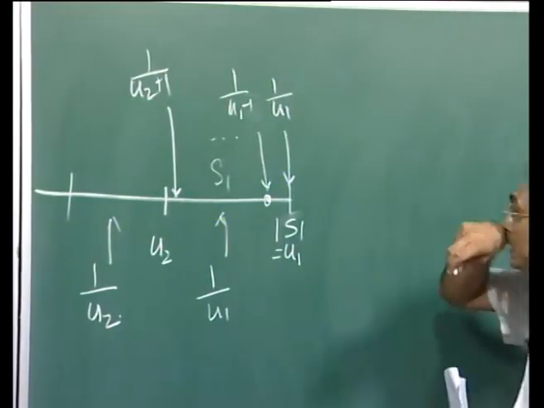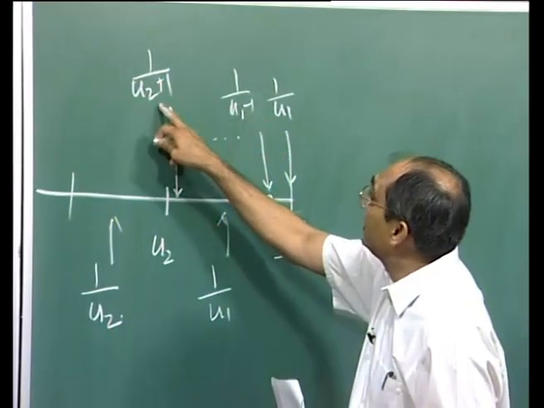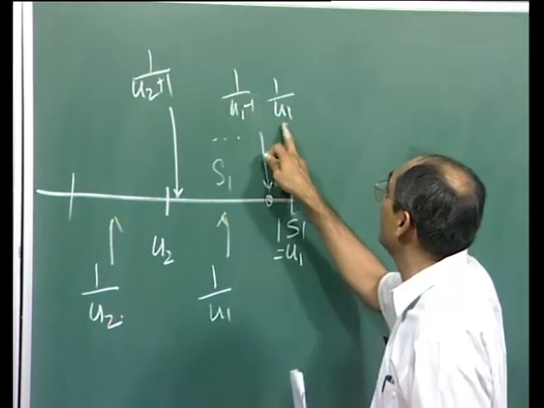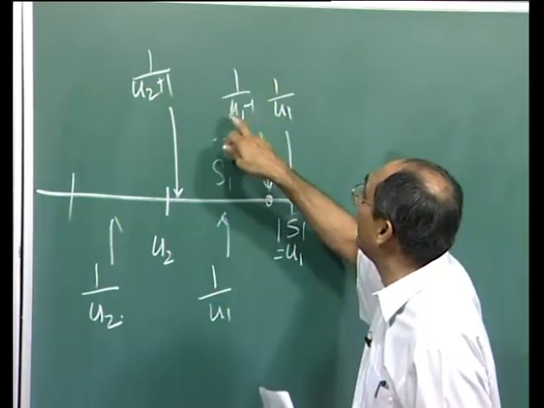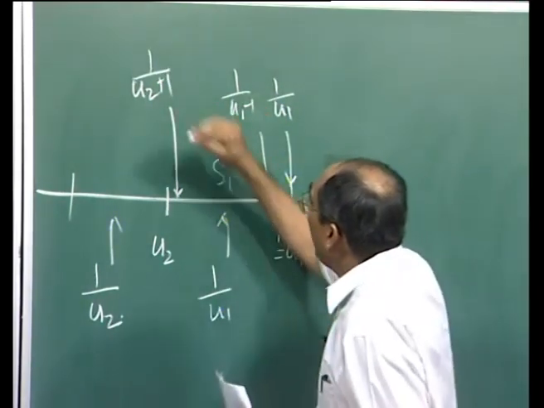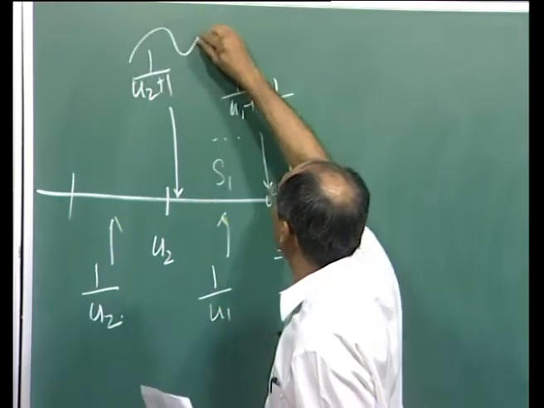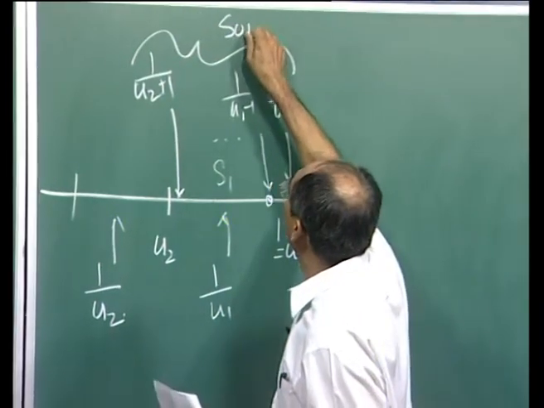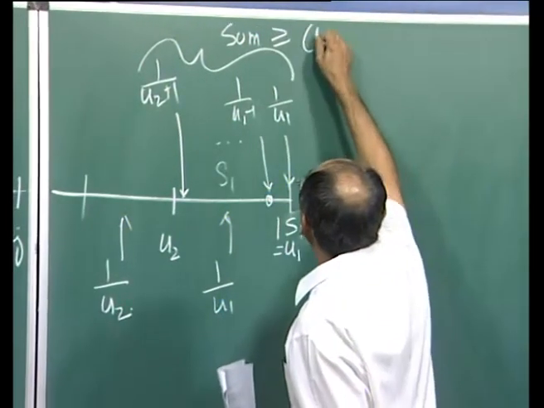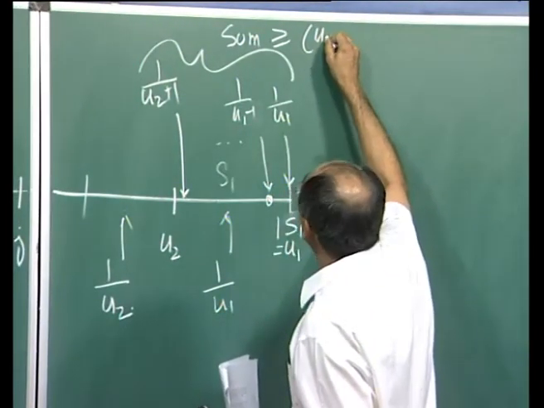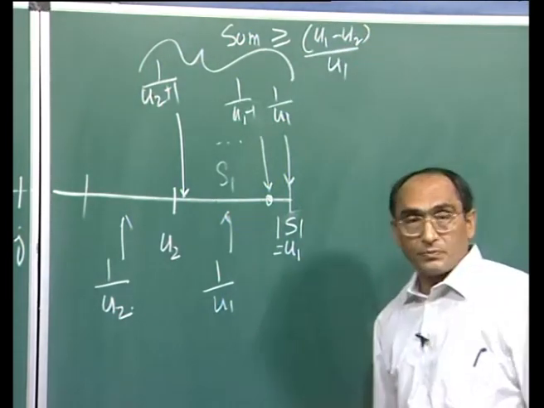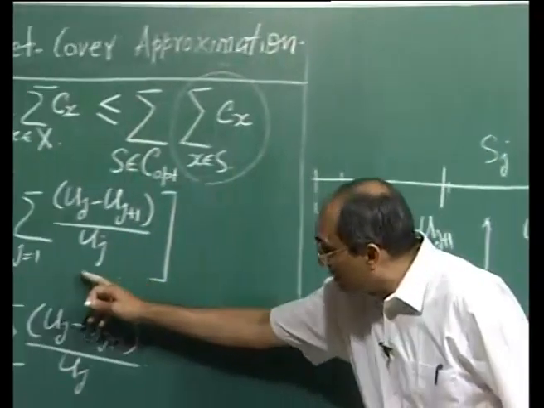Now, notice that each of these denominators is less than or equal to U1, hence these numbers are greater than or equal to 1 over U1. So, if I just add up these numbers, their sum has to be greater than or equal to (U1 minus U2) divided by U1. Just take a look at this term.